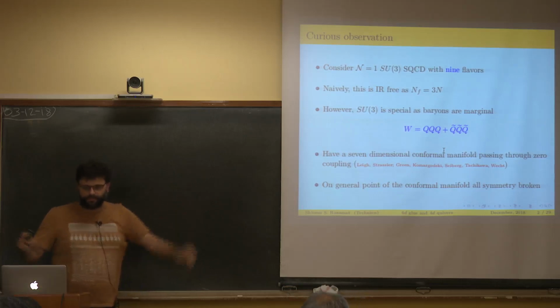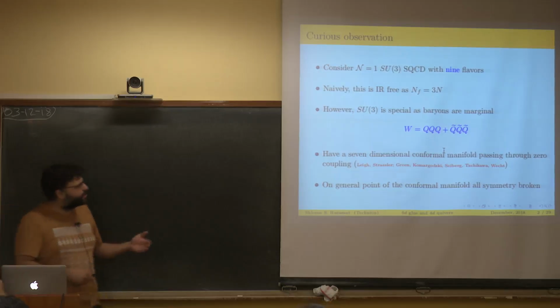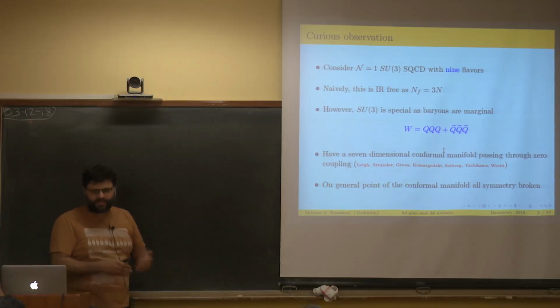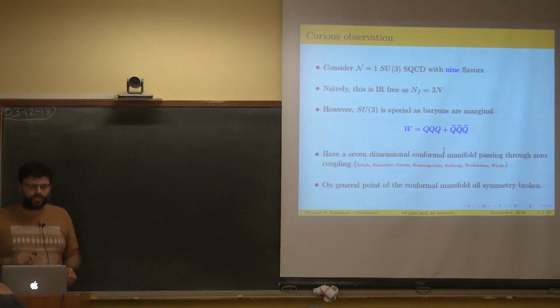You turn on the gauge coupling and something else. Exactly, yes. You need to turn on something; what exactly you turn on, you need to compute. It's something you need to work out order by order, but you can show by some generic methods that there exists a 7-dimensional submanifold on which the beta function is 0, which is a conformal manifold of this theory.